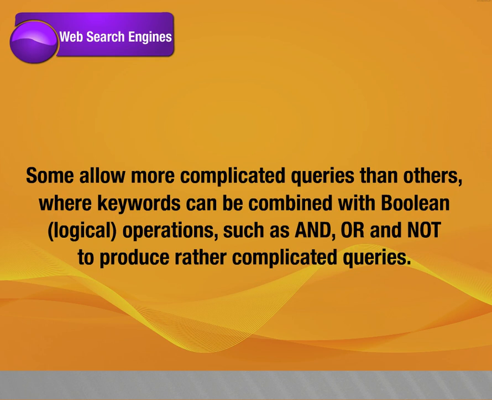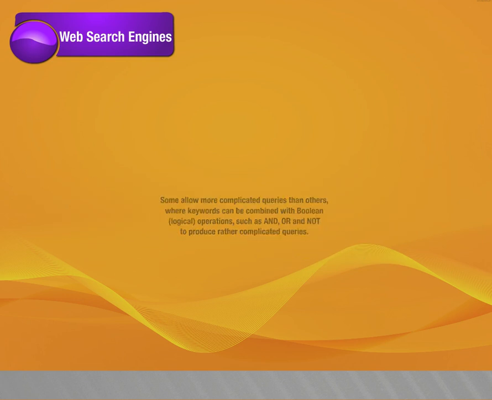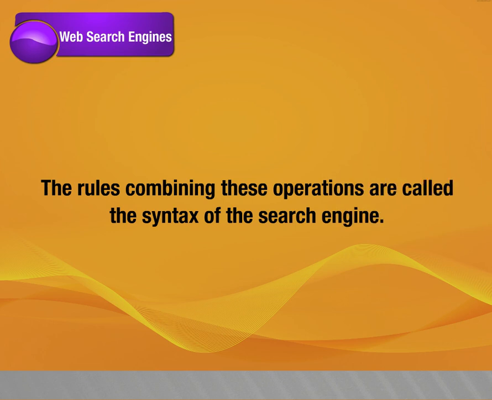Some allow more complicated queries than others, where keywords can be combined with Boolean, that is logical, operations such as and, or, and not, to produce rather complicated queries. The rules combining these operations are called the syntax of the search engine.